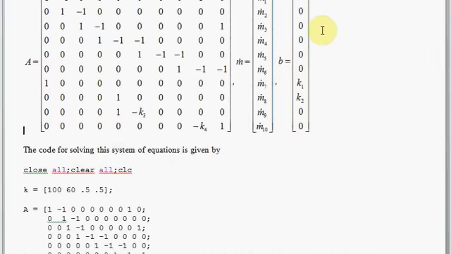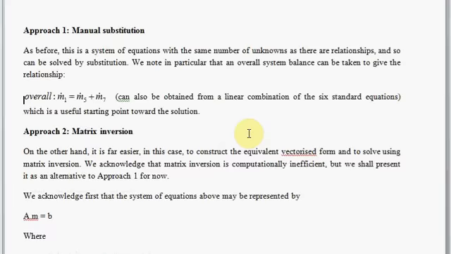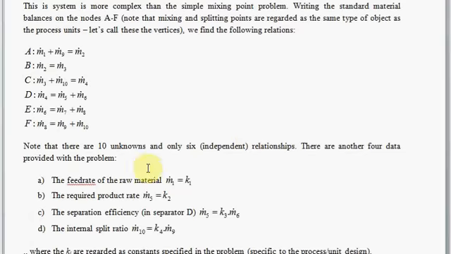And what that means is that this matrix will be singular. In other words, it won't be invertible, and so we won't be able to get to a solution. And physically what this means is we don't have enough relationships. There's still a degree of freedom in the process, and so unless we have additional relationships like what we have here, we don't have enough information to come to a unique set of mass flow rates.